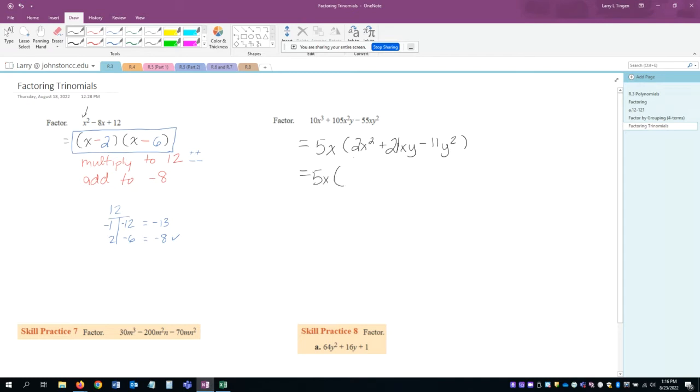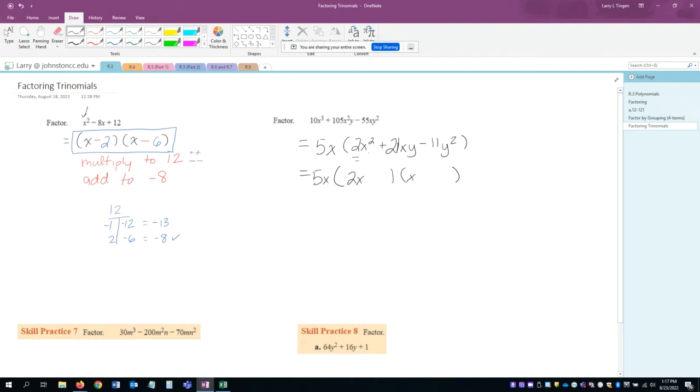My leading coefficient is a 2. That is a prime number, and that's always a good thing. There's only one way to multiply to get it, and that is 2x and x, right? And again, we're ignoring fractions because yes, you could do 4 and 1/2, but we're just dealing with integers as coefficients.